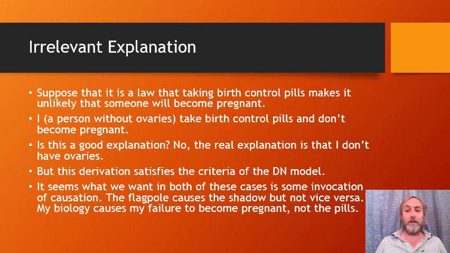There's also the issue of irrelevant explanations. Suppose it is a law that taking birth control pills makes it unlikely that someone will become pregnant. And I, who have no ovaries, take birth control and I don't become pregnant. You could deduce from that law that Nate will not get pregnant if he takes birth control pills.